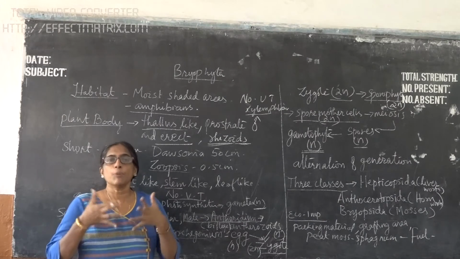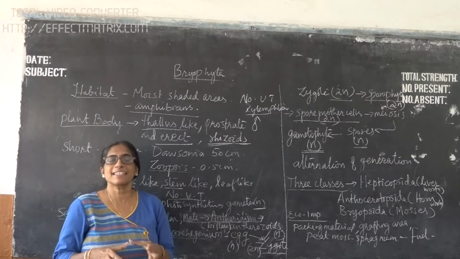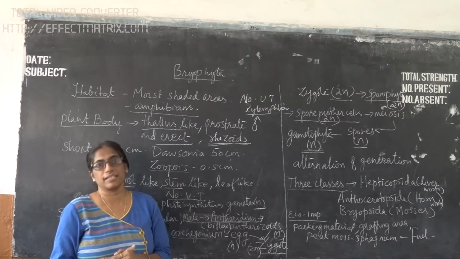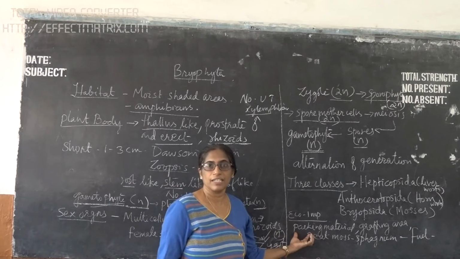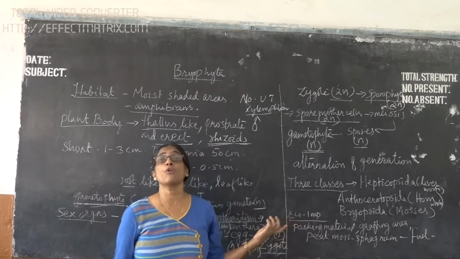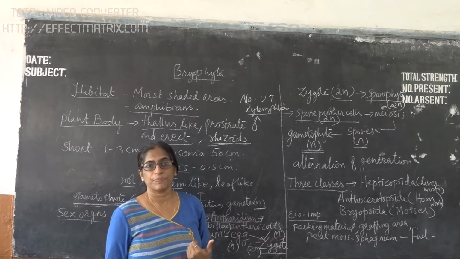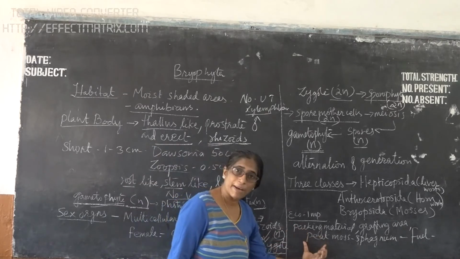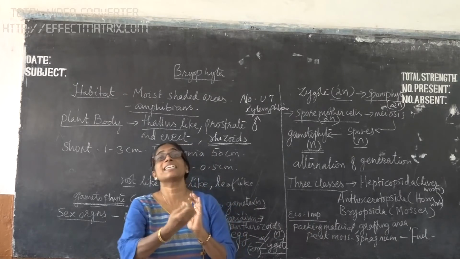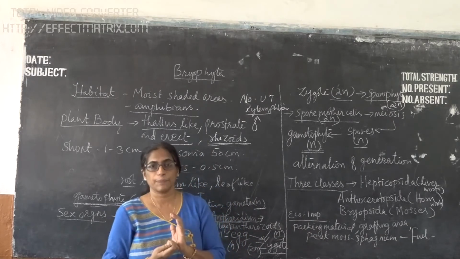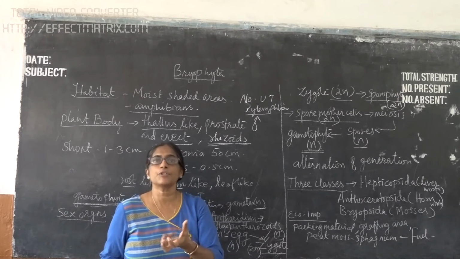After drying, the body of Bryophyta has water holding capacity, so they are used as packing material for the transshipment of living materials like cut flowers, vegetables, etc. And because of this water holding capacity, they are used as a covering material for the grafted area in grafting, because they provide moisture to the grafted area to grow.